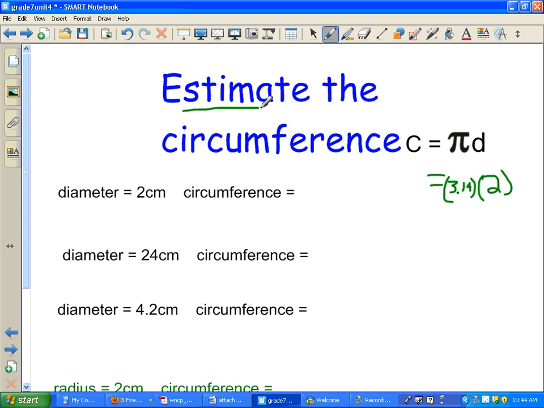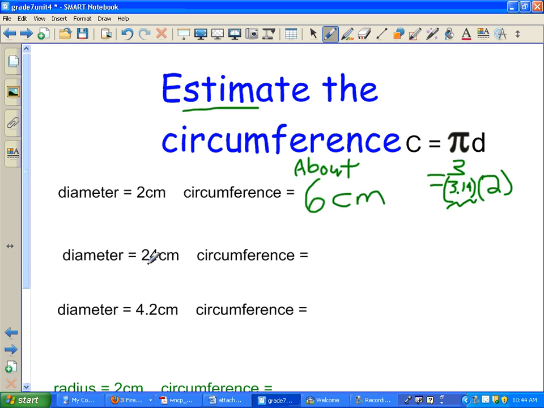We just want to know about how much. So let's round off pi to 3 and just go 3 times 2. 2 3s are 6. So the answer is about 6 centimeters. Because we always round off pi to 3 just to get an estimate.